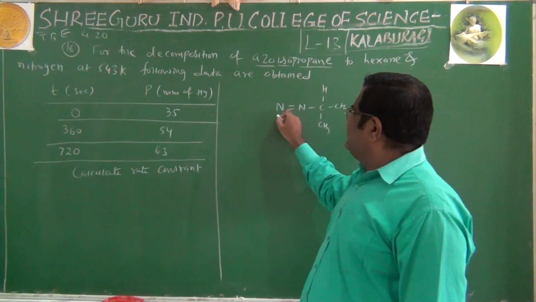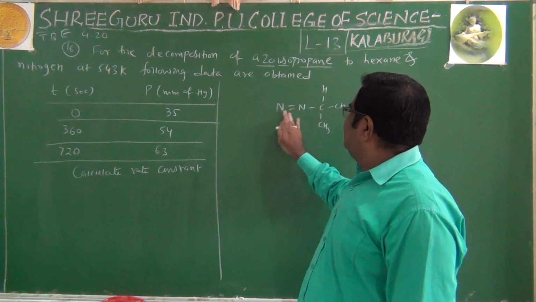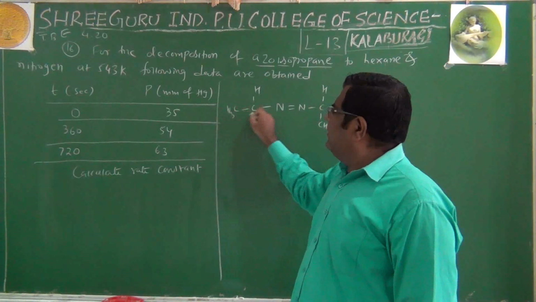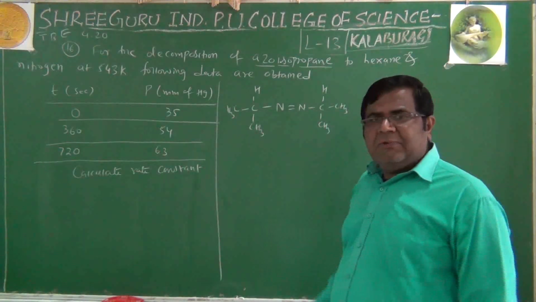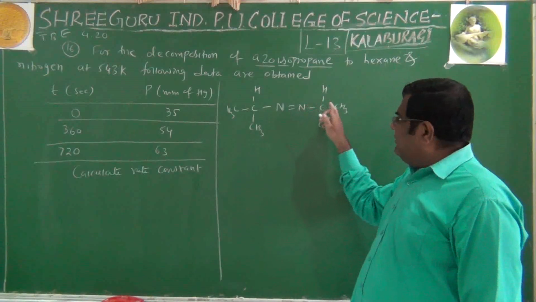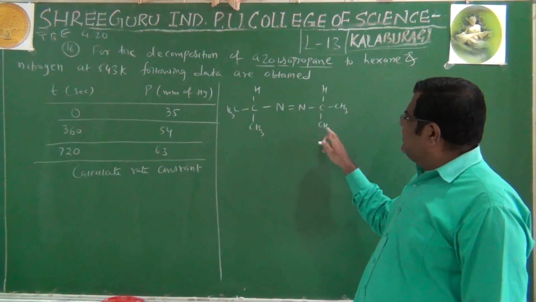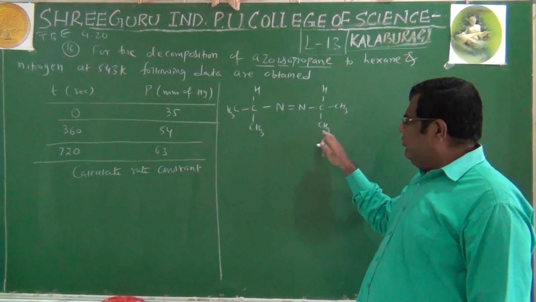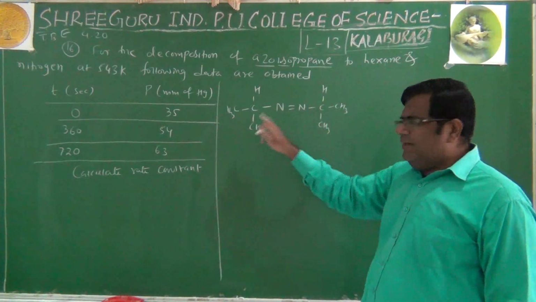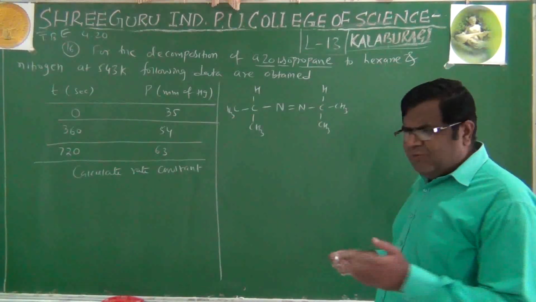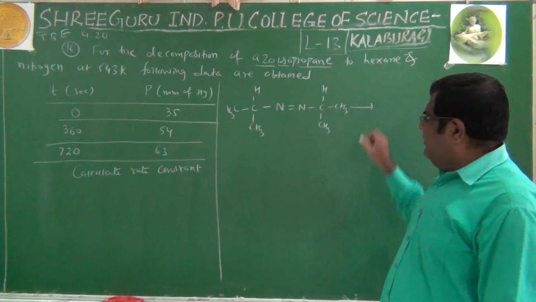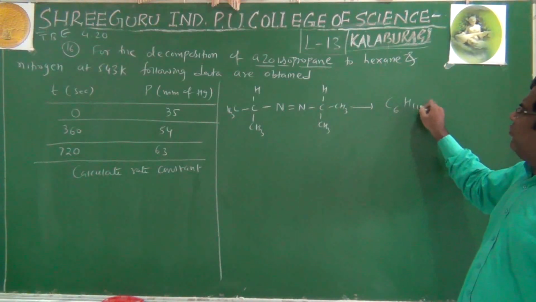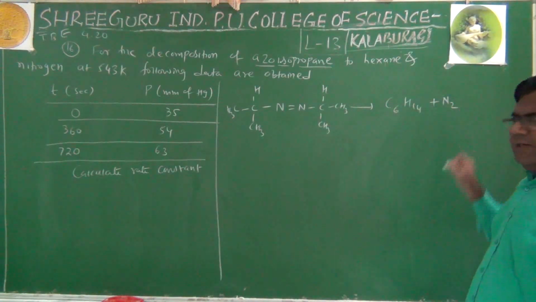Azo means a two-nitrogen compound, colored compounds these are, and iso means this methyl group, and propane means there are 2 similar groups, 3 carbons here and 3 carbons here. If you don't know the formula, it doesn't matter. Hexane is C6H14 and then nitrogen.